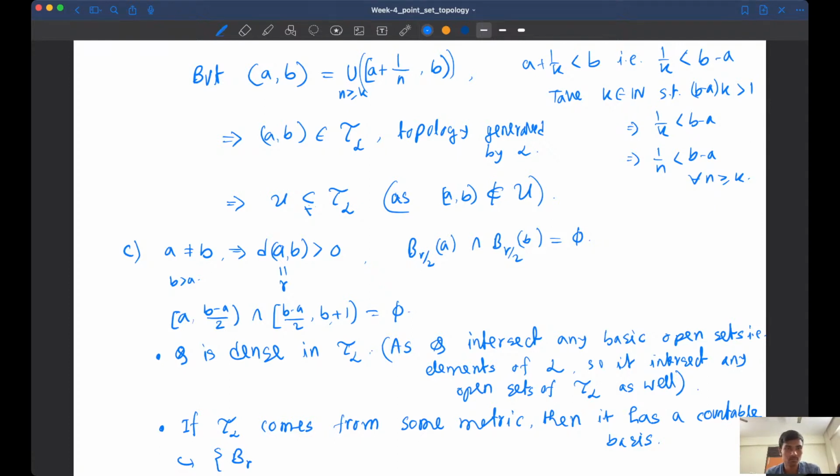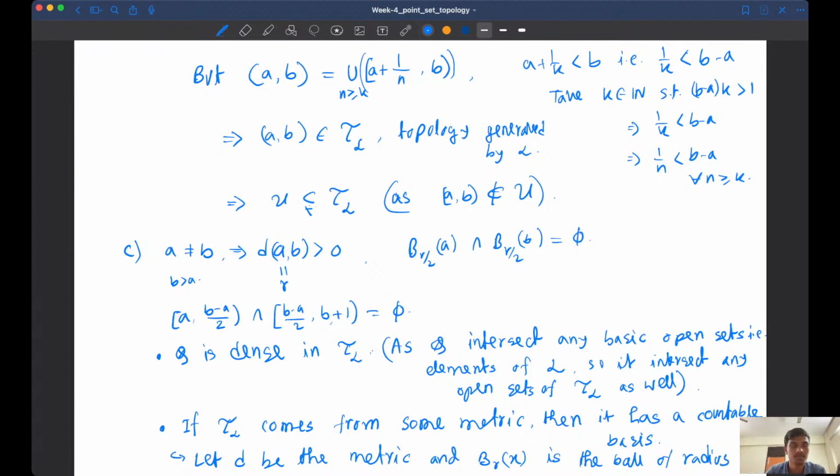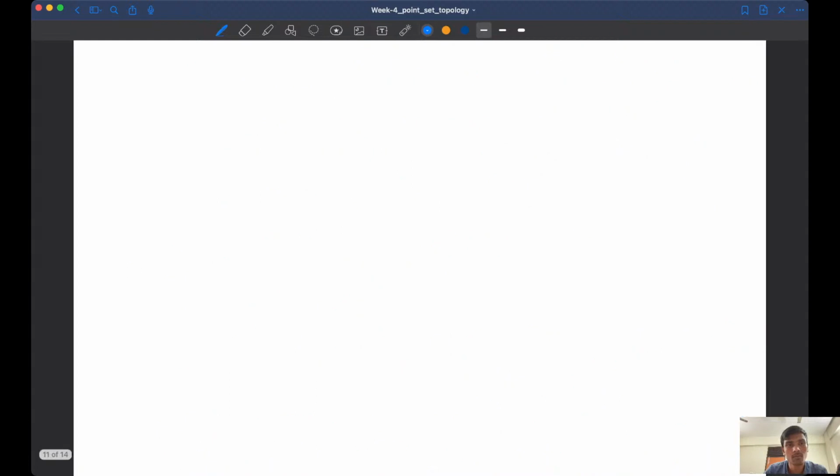Okay, let's say first of all, let d be the metric, and B_r(x) is the ball of radius r around x with respect to the metric.